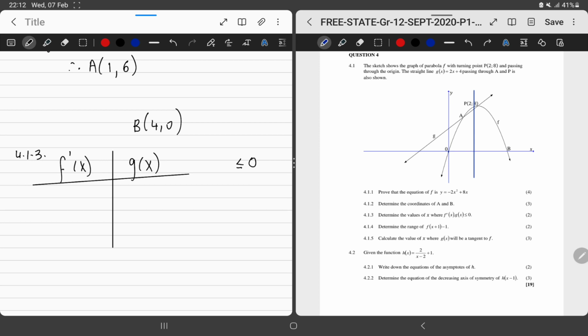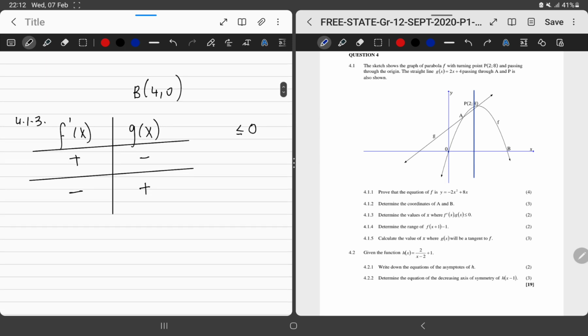For something to be less than 0, it must be negative. It means that I need to take a positive and multiply it with a negative, or it could be a negative multiplied with a positive. Okay, so for the first scenario, I'm going to look at where the gradient is positive.